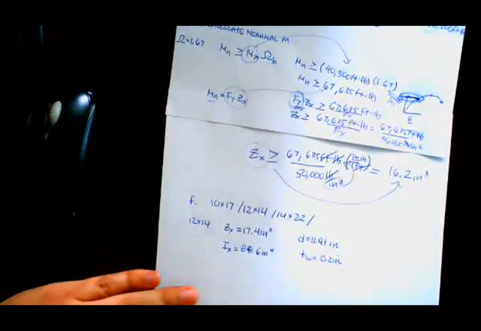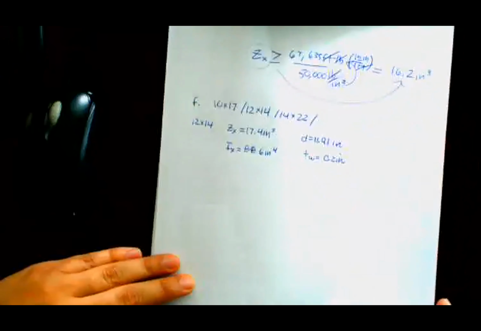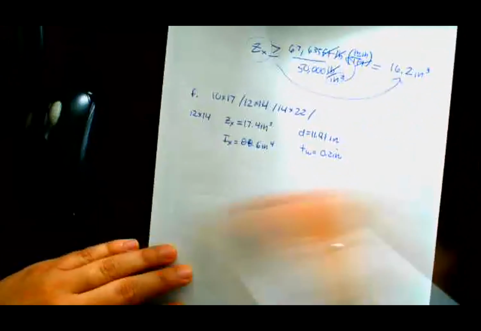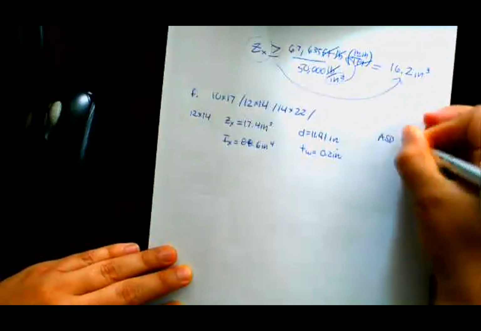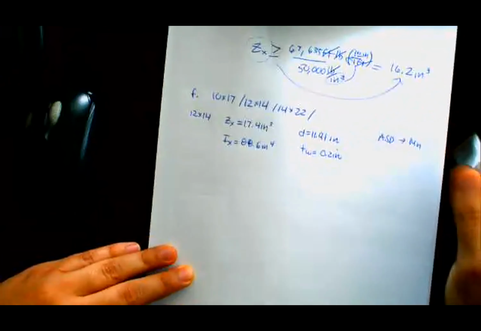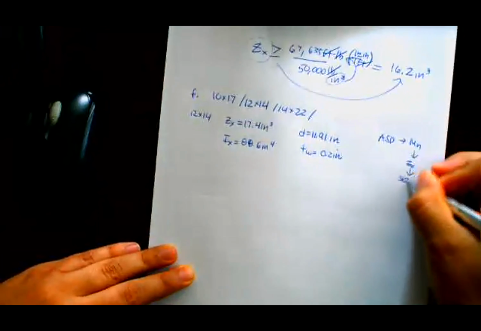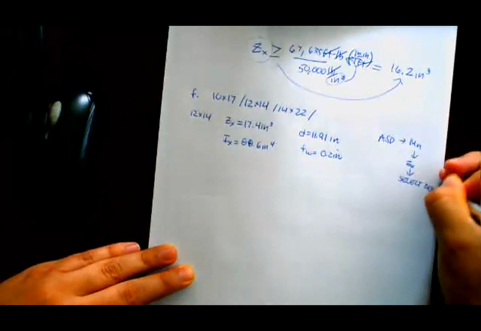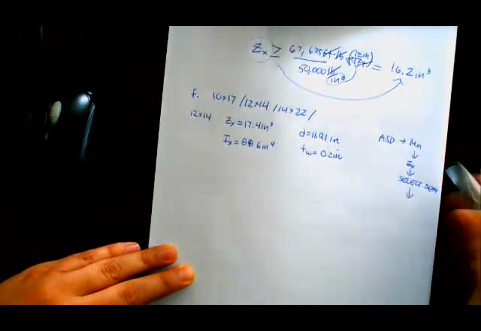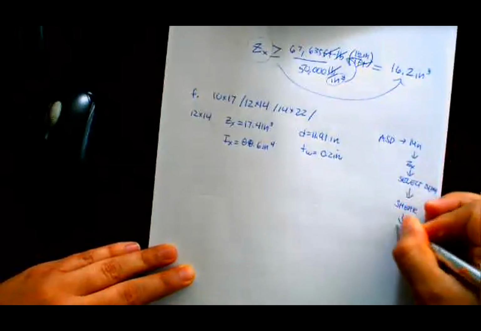All right, I'm going to try to move through this next section a little quicker because I don't want to take forever. So now, what is the next check? ASD tells us the following. Solve for nominal moment. Based on ZX, select beam. Then check it against shear. Then check it against deflection.